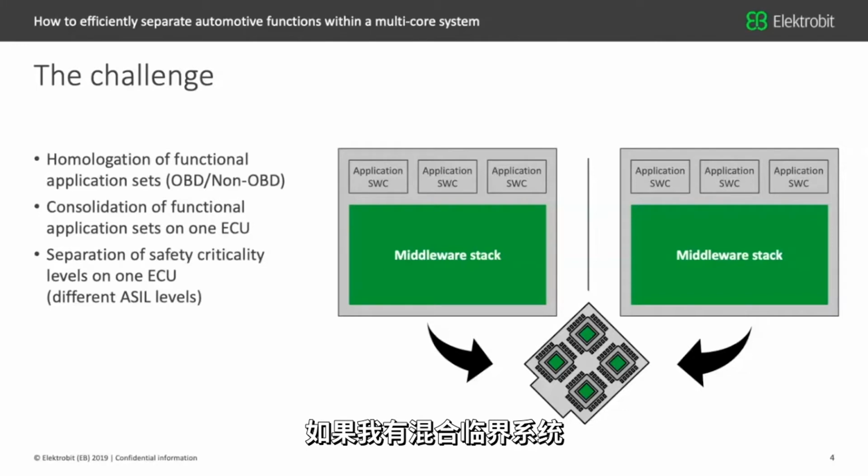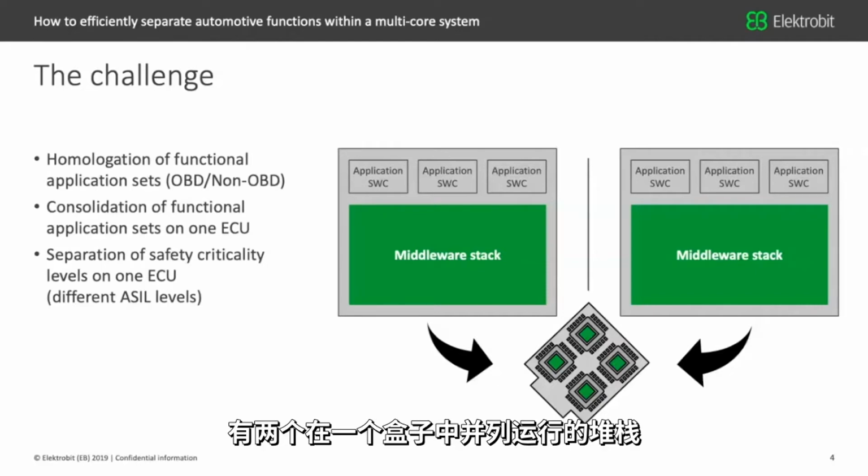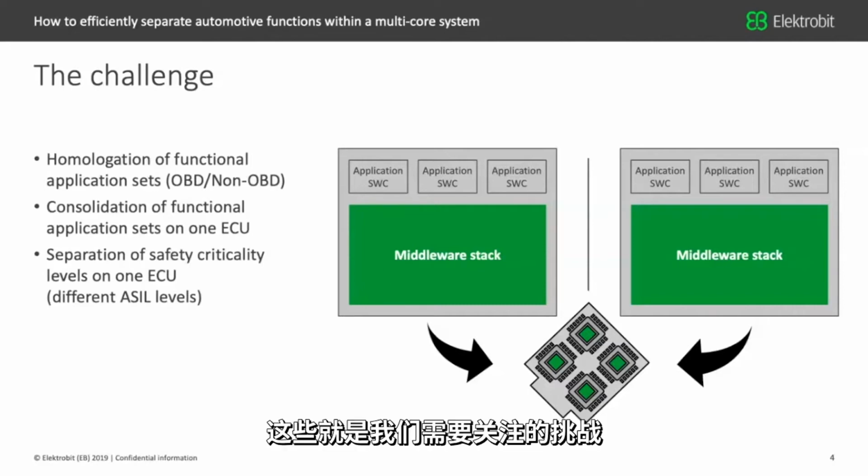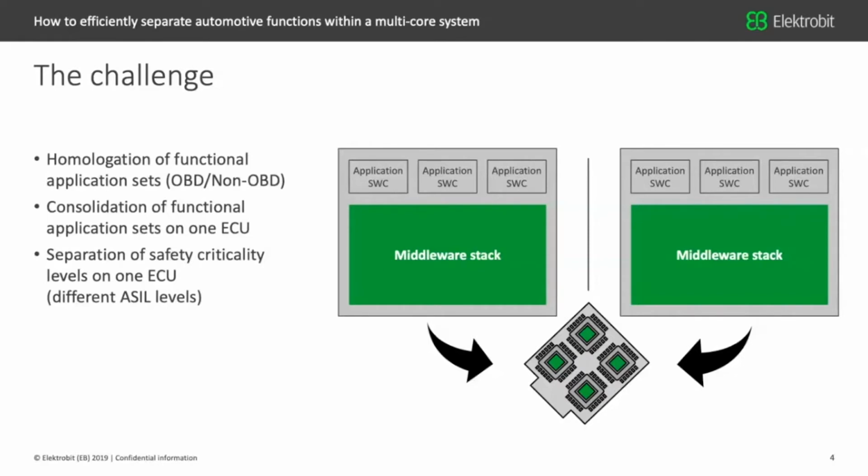Here, if I have a mixed criticality system where I have hard real-time requirements and I can separate those functions from each other in an architectural fashion, then it might also be a challenge to bring both functions into one system, which in the end means I have two stacks running side by side within one box. Okay, so these are the challenges we need to look at.